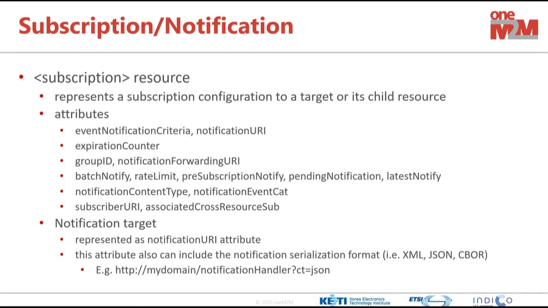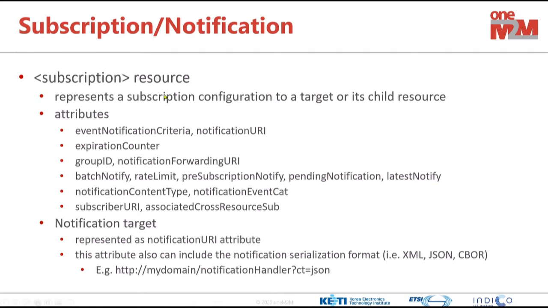Subscription notification. A subscription is the setting for a specific event to get some notification. There are a lot of attributes, most importantly the event notification criteria and the notification URI. This stands for the list of URIs or entity IDs to get the notification.